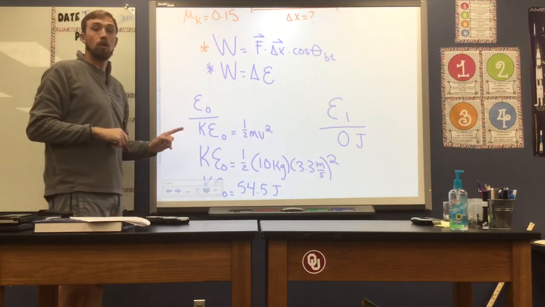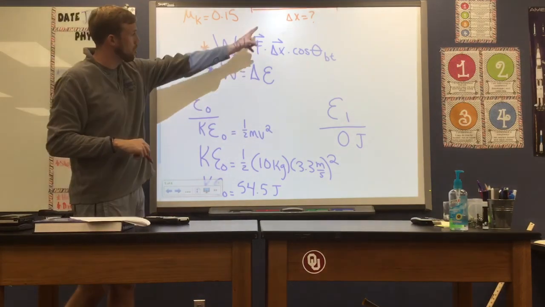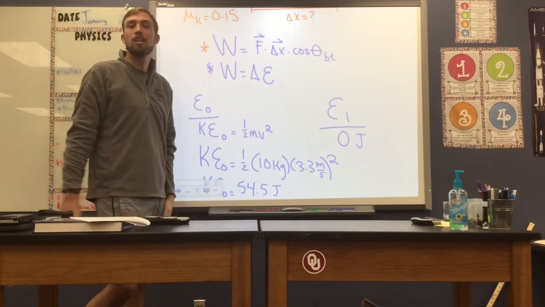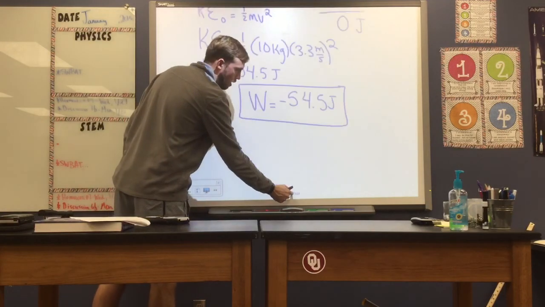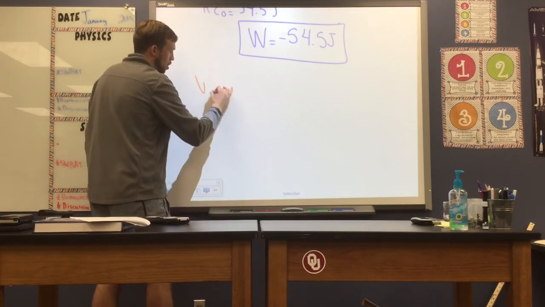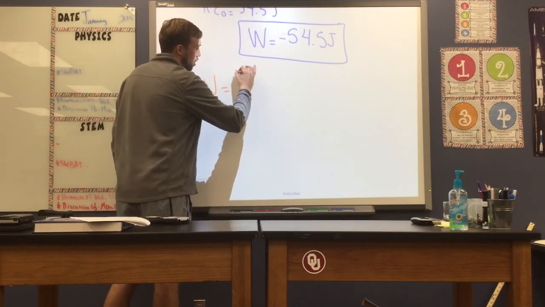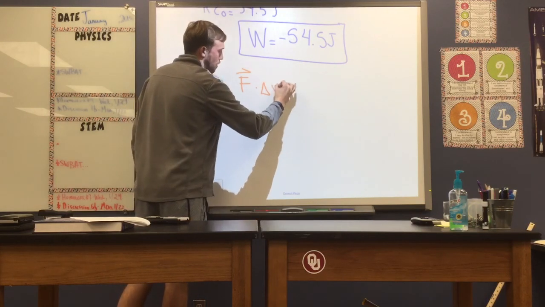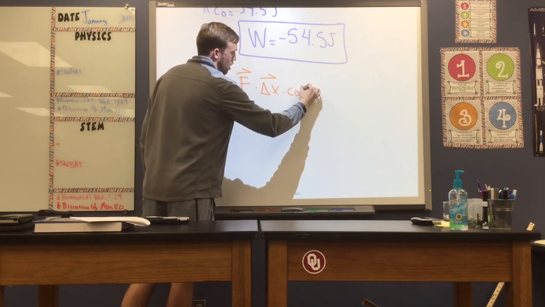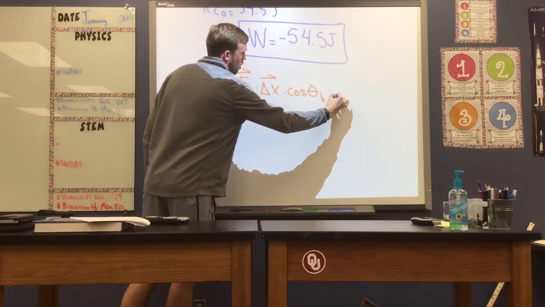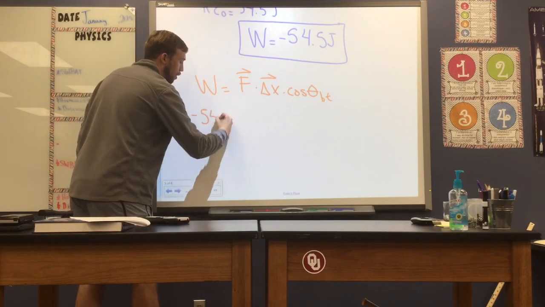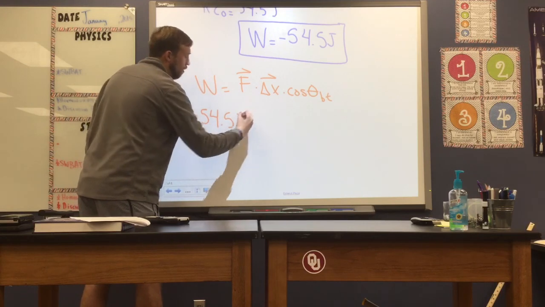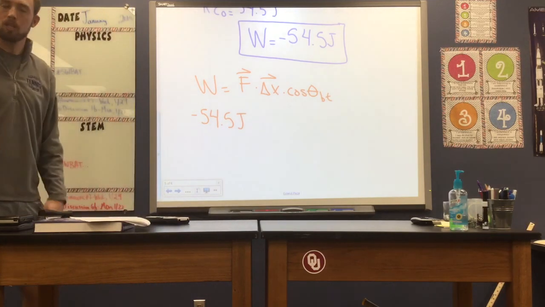Work done, which we already solved for, is equal to our force, displacement, cosine of the angle between them. So I'm going to rewrite that equation down here, and we'll begin to solve. So work done is equal to force times displacement, cosine of the angle between those two. Now we said here that friction was doing negative 54.5 joules of work on the sled.